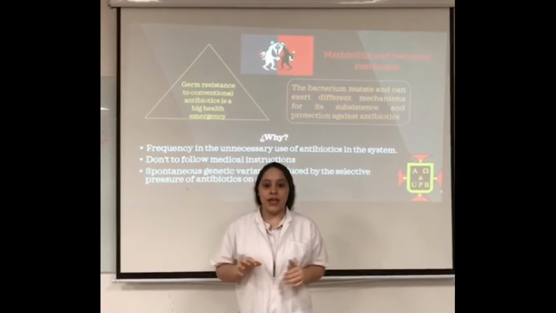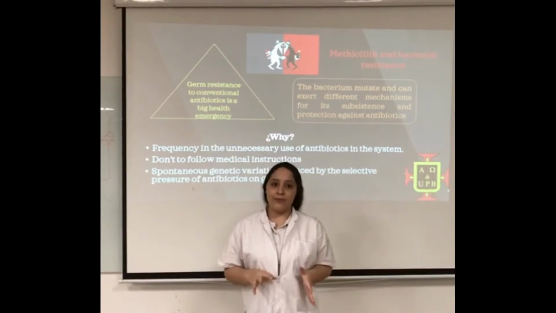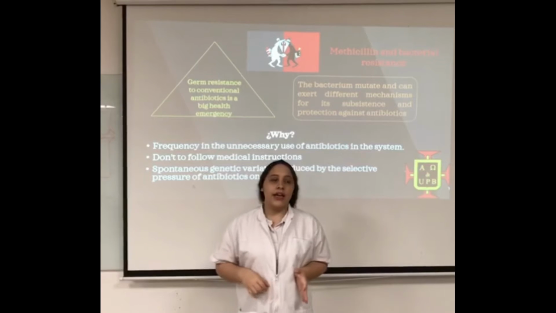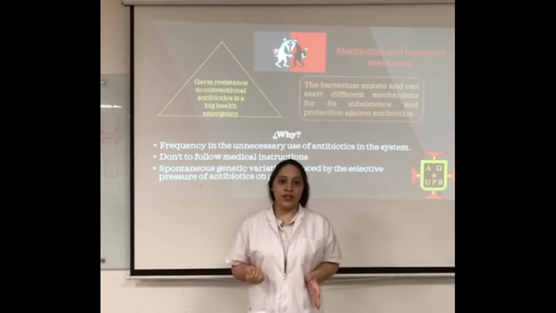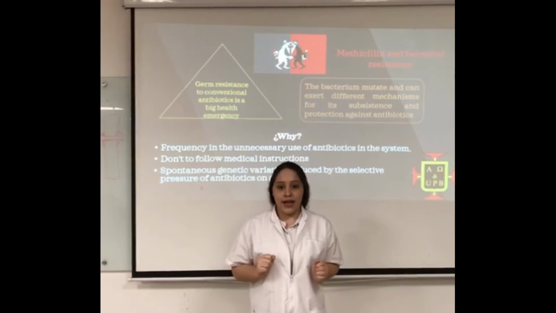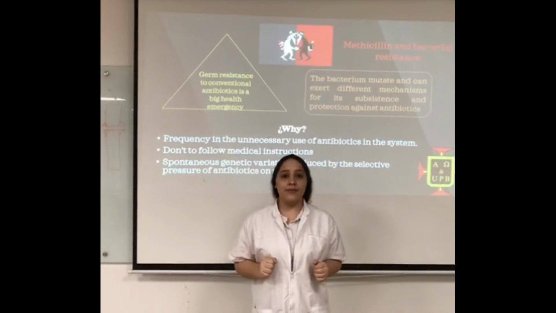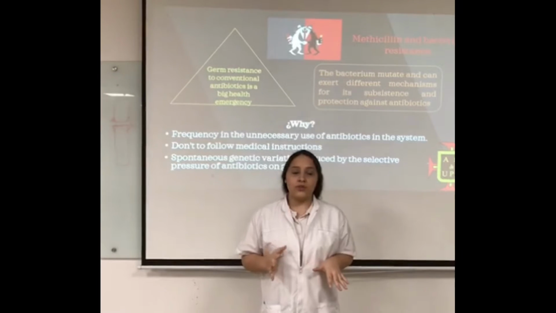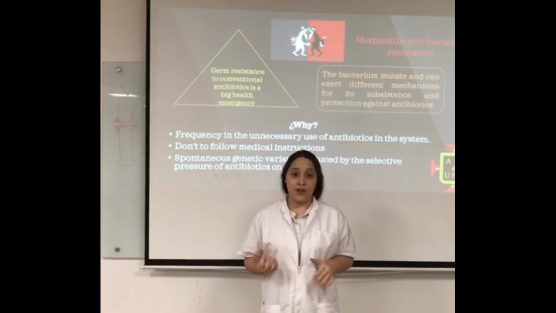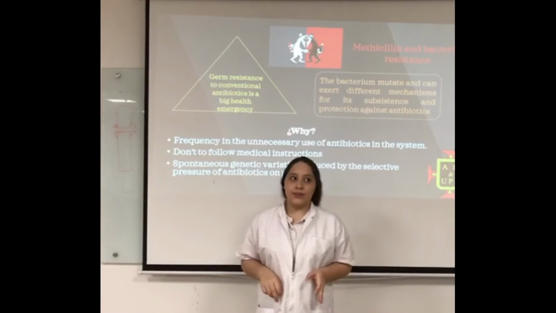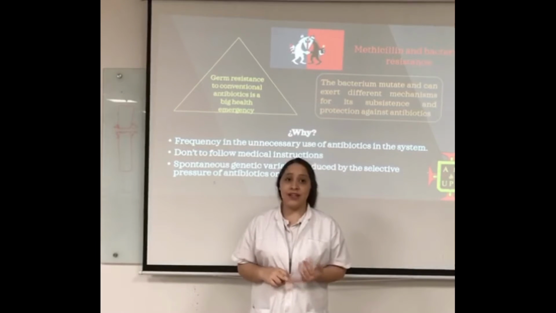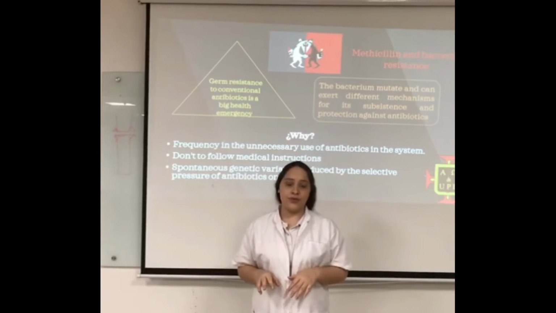This resistance can involve different mechanisms, such as small or large mutations in the DNA and different mechanisms for subsistence and protection against antibiotics, such as generating an enzyme that destroys the chemical structure.